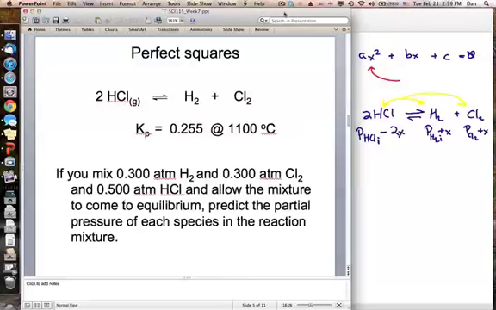So we can relate this to the equilibrium statement, Kp. We know that the equilibrium constant will have the following form: PHCl squared. And if we know each of these values, we can plug them in and solve. But we don't know what they are at equilibrium. We only know what they are before equilibrium.